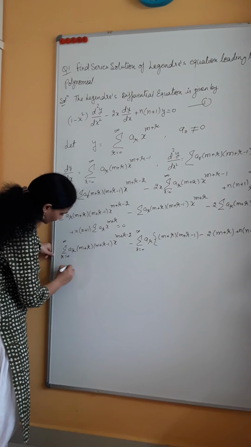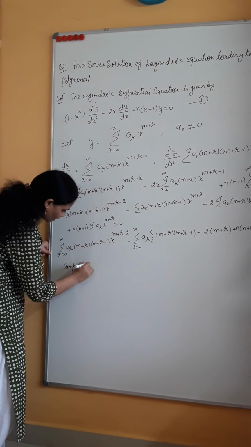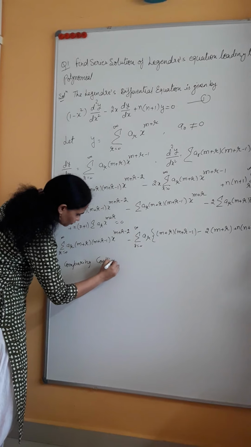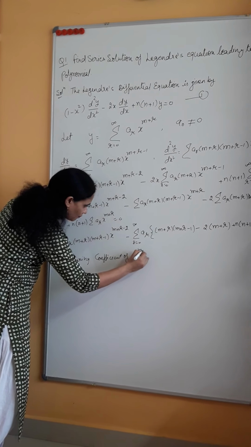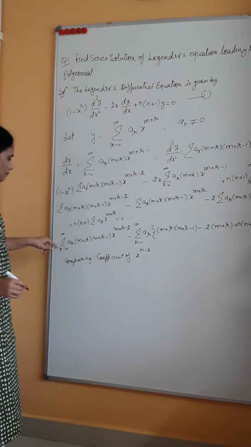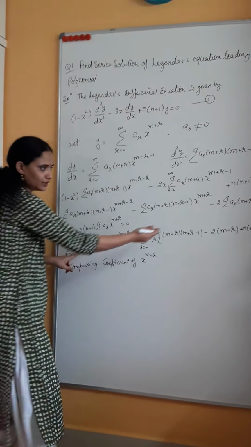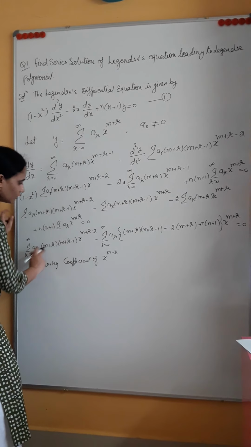So comparing the coefficient of x power (m minus 2): putting r equal to 0 in the second term, we cannot get it there, so only from the first term we have to take. So put r equal to 0.